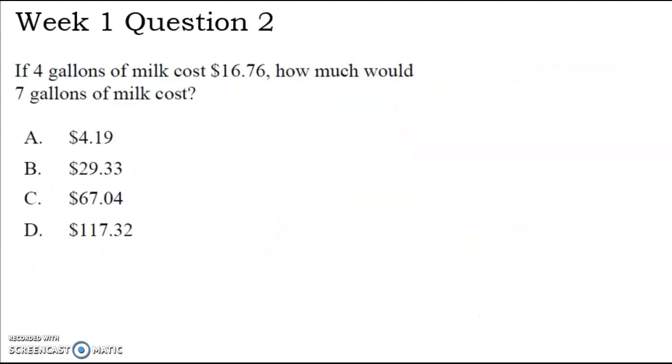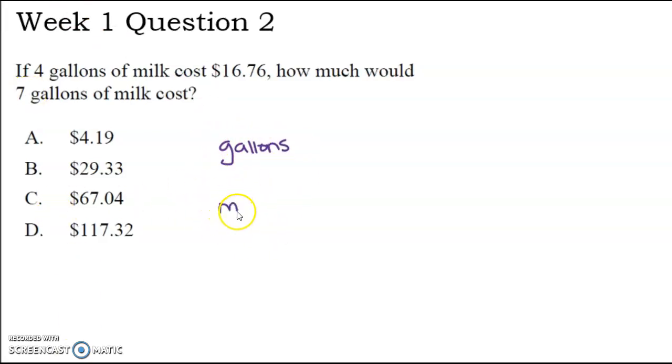All right, number 2. If 4 gallons of milk cost $16.76, how much would 7 gallons of milk cost? Okay, so this is another ratio. We are going to put gallons at the top and money at the bottom.